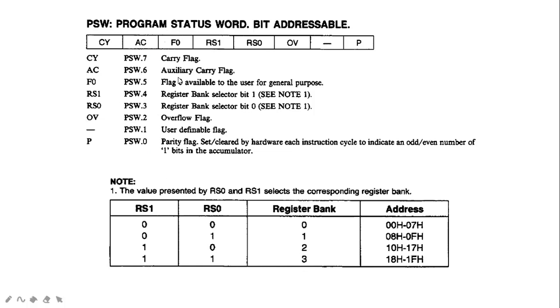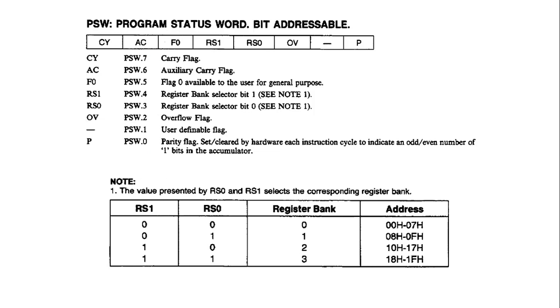See here, what is a carry flag? After performing an addition or subtraction, the carry flag is affected. Suppose an 8-bit addition is performed, and the result is more than 8 bits.